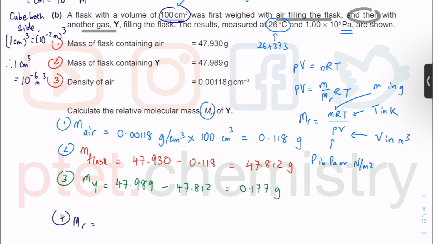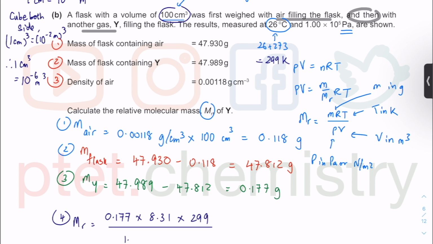So be very careful, it's for the gas because it's an ideal gas equation after all. R is 8.31 joule per Kelvin per gram, and then the temperature is 26 plus 273. So should have done that on my calculator earlier. So there's 299 Kelvin. So I'm just going to multiply by 299 Kelvin, and then this is divided by PV.